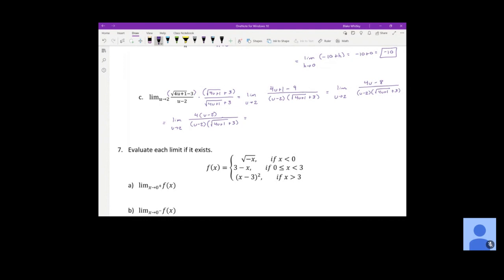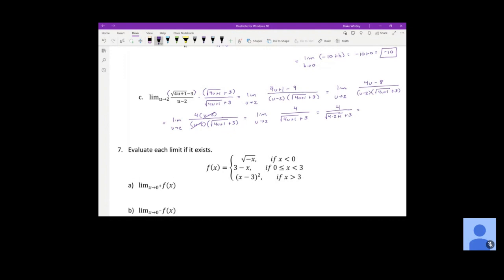We have a common factor of u minus 2 in the numerator and denominator. Those are going to cancel out. So now we have the limit as u approaches 2, 4 over the square root of 4u plus 1 plus 3. Now we can substitute. Good, because we're not going to get 0 in the denominator anymore. So that's going to give us 4 over square root 4 times 2 plus 1 plus the 3.